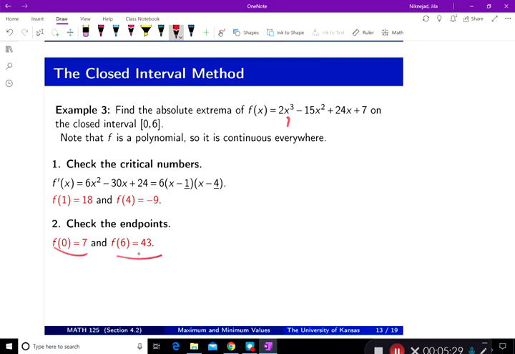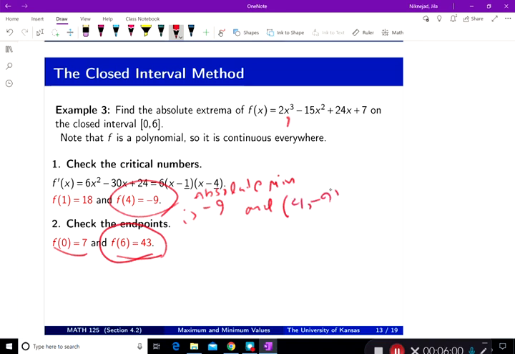Now, comparing all these values, the smallest value I get is -9. The highest value I get is 43. So basically, the absolute minimum is -9, and the point is 4 and -9.